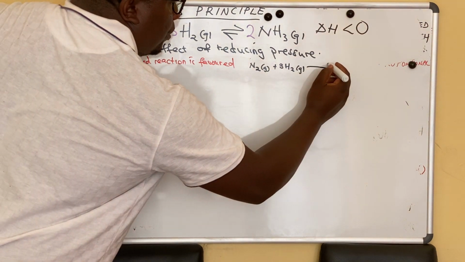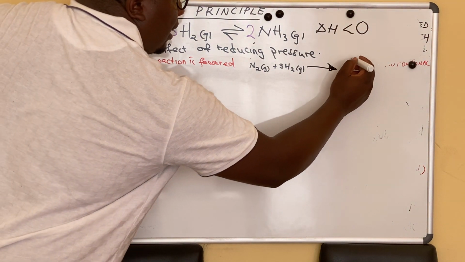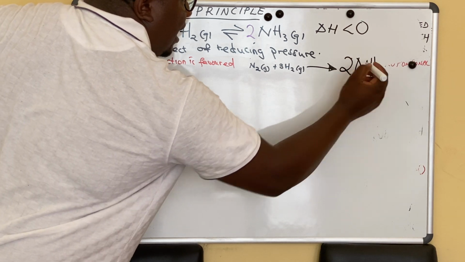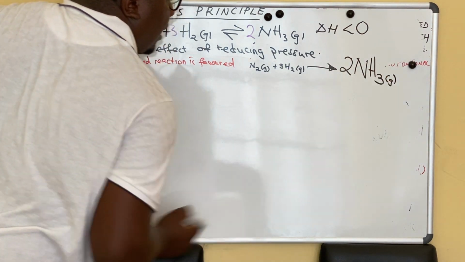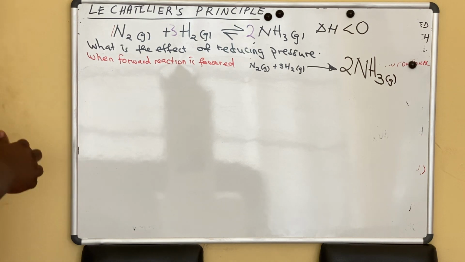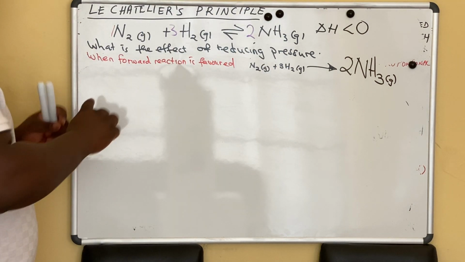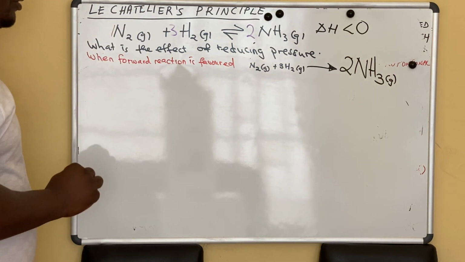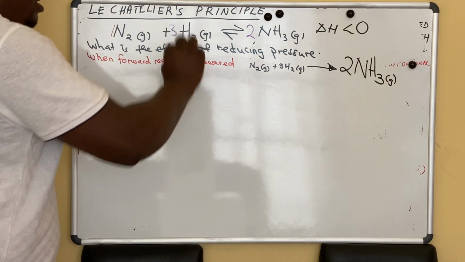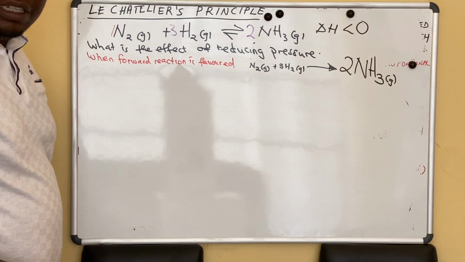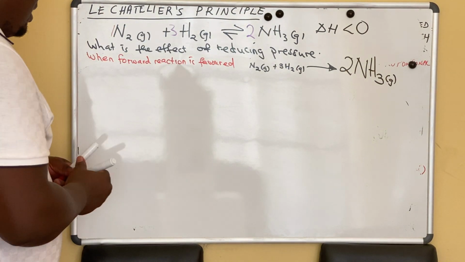And then what are we going to produce now? We are going to produce large quantities or a very high yield of ammonia gas. So that is how I like to picture it in my head, that if the forward reaction is favored, it means we are going to have small amounts of nitrogen, we are going to have small amounts of hydrogen, and we are going to have large amounts of NH3. Are we together there? Right.